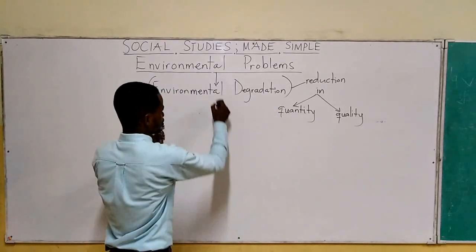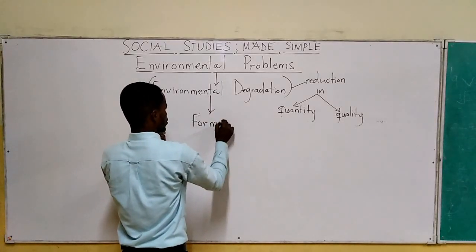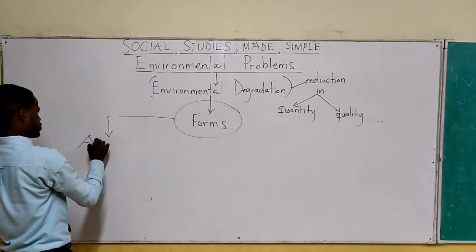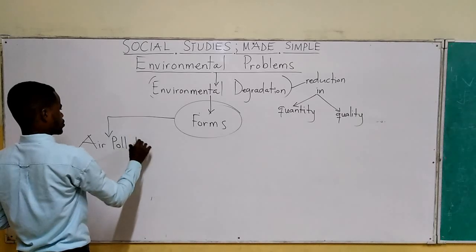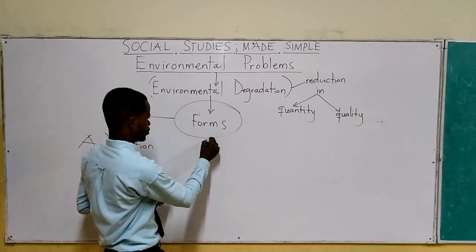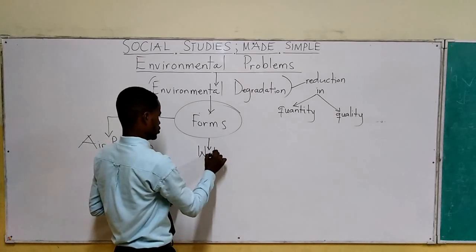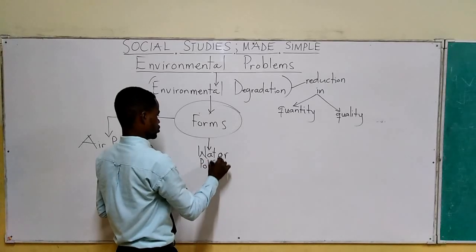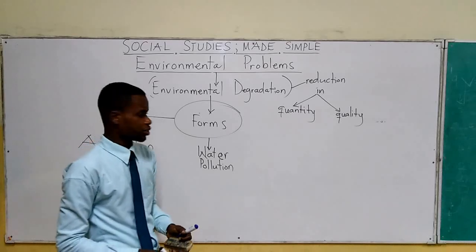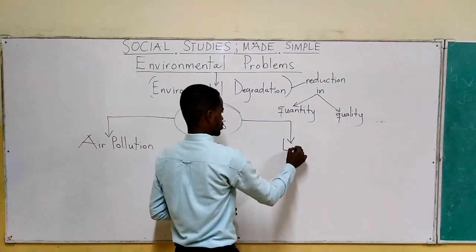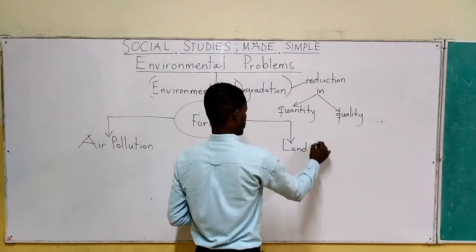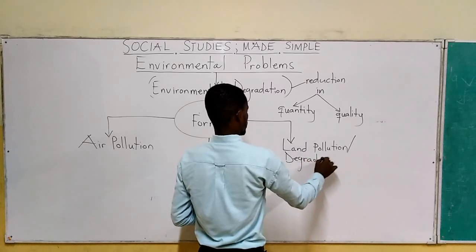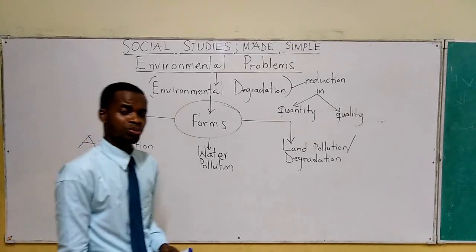So we have environmental degradation, the forms: we have our air pollution, we have our water pollution, then the third, the land pollution.